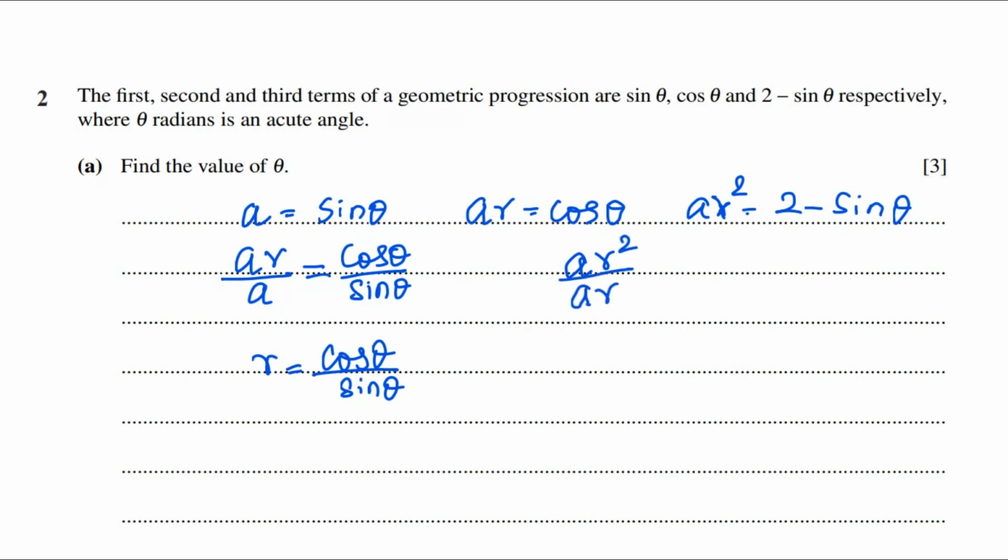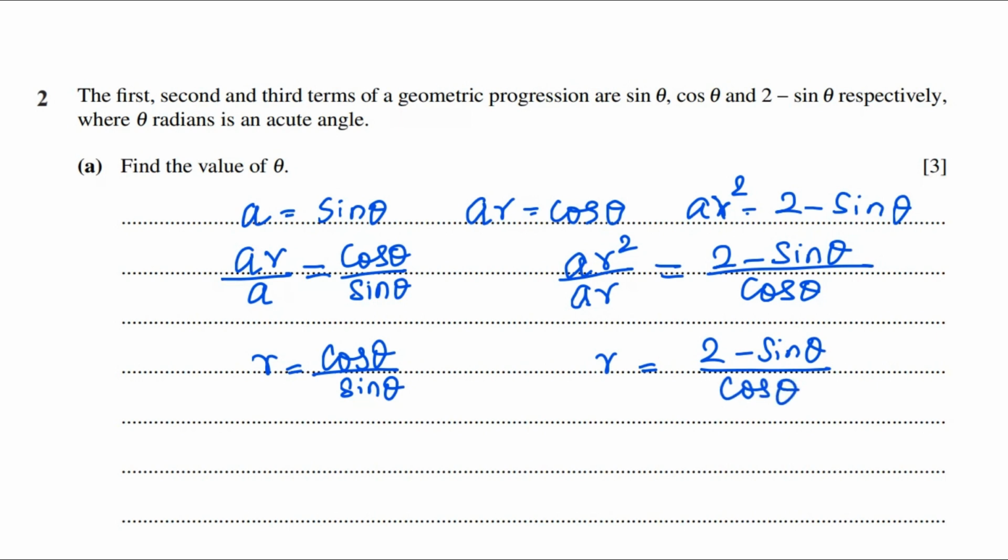A and A will get cancelled. R square divided by R will be R. So AR square is 2 minus sine theta divided by cos theta. So R is equal to 2 minus sine theta divided by cos theta.